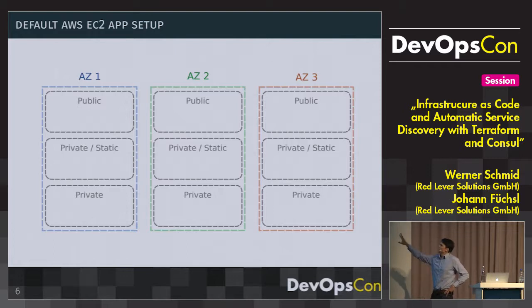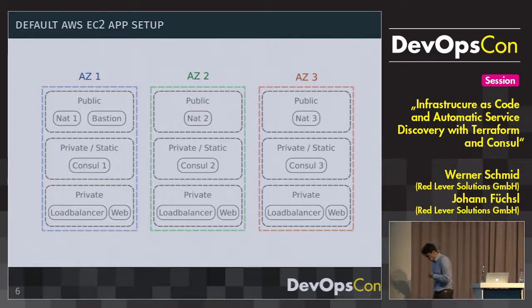We call it private static because in this subnet we host all instances which have a static private IP, and a private subnet where we host all instances which do not have to be accessible via the internet.